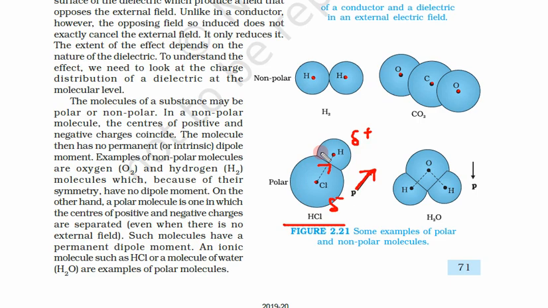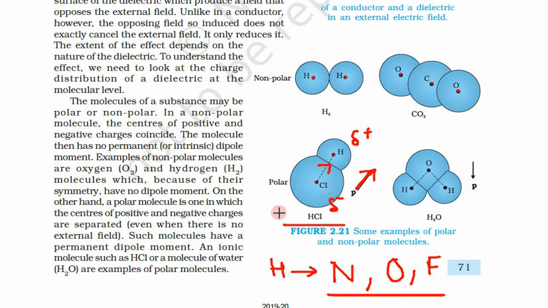But this is not actually hydrogen bonding, because hydrogen bonding occurs only with three atoms: nitrogen, oxygen and fluorine, not with chlorine.